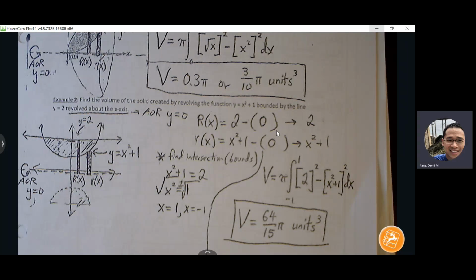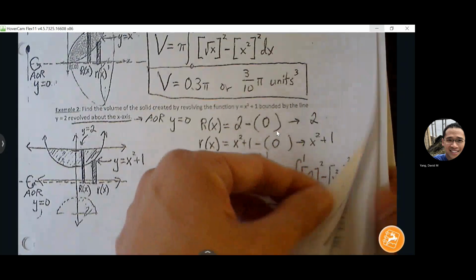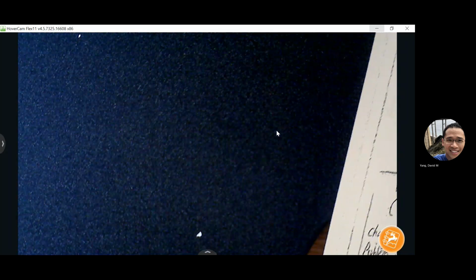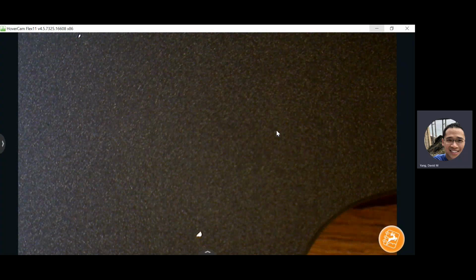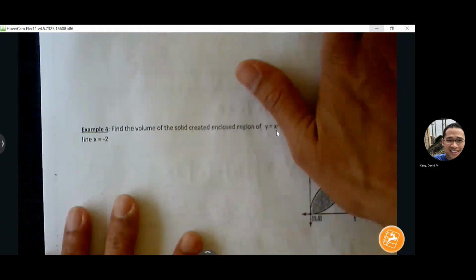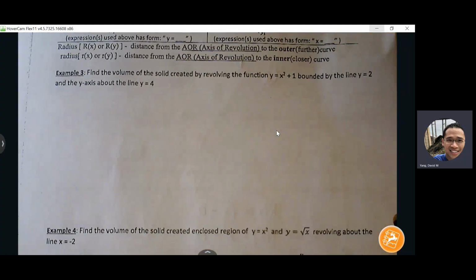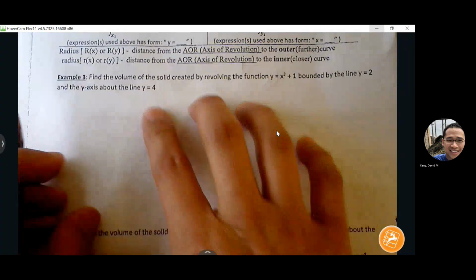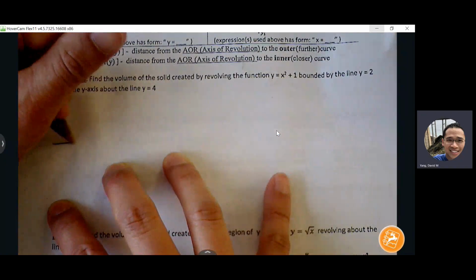Around the y-axis. Okay, so that's only going to be half the diagram. It's not very clear. Let me. Okay, one goes x plus 1.